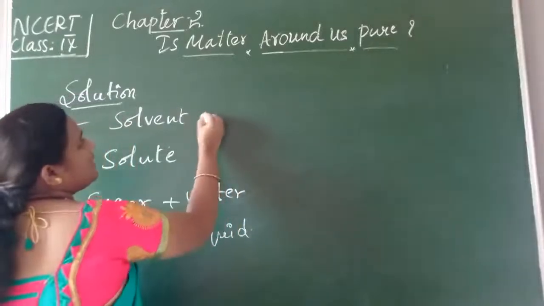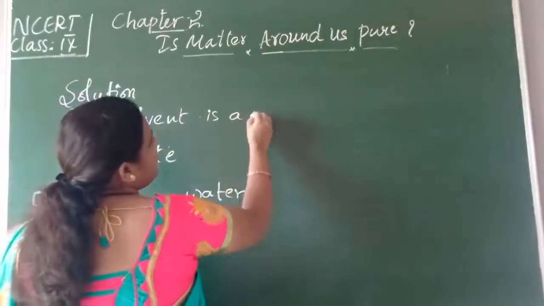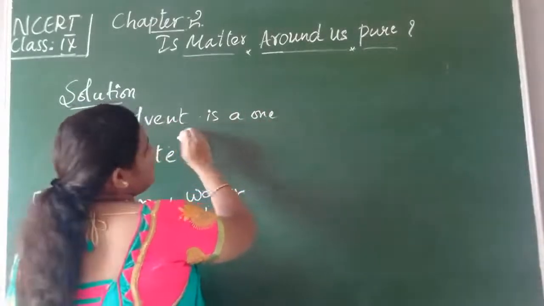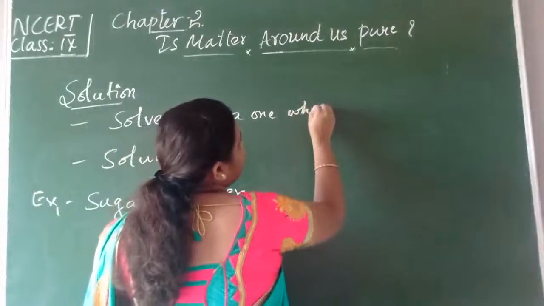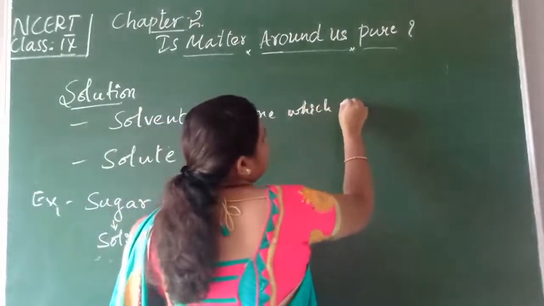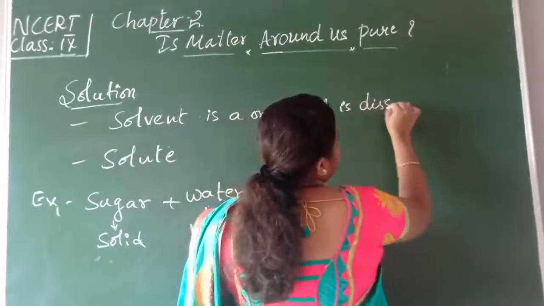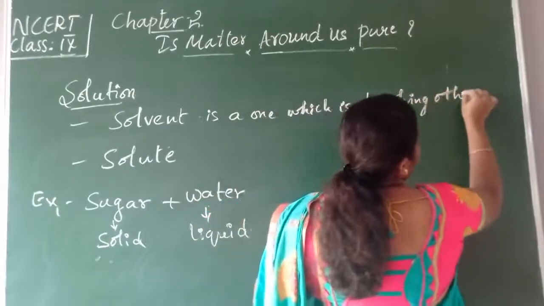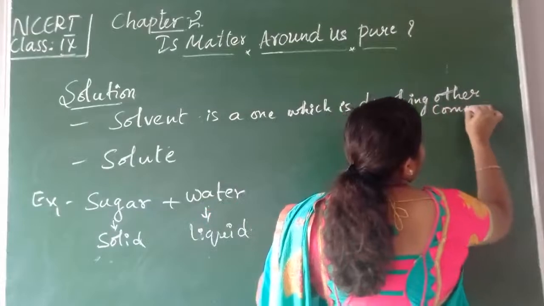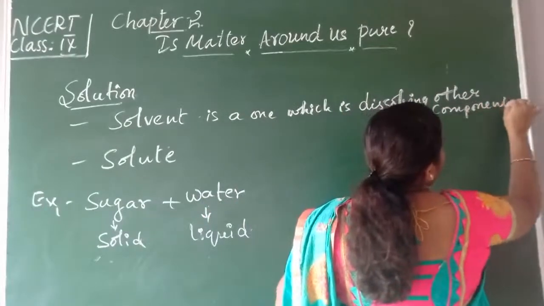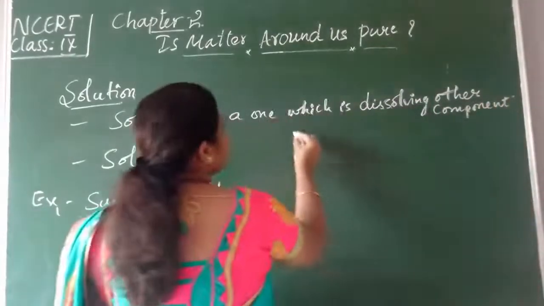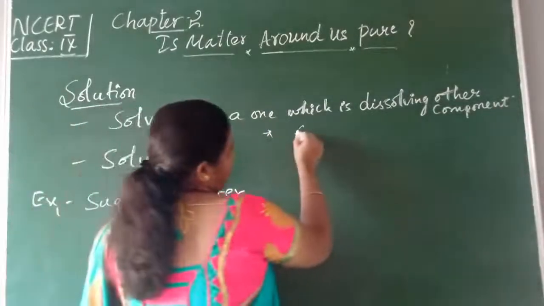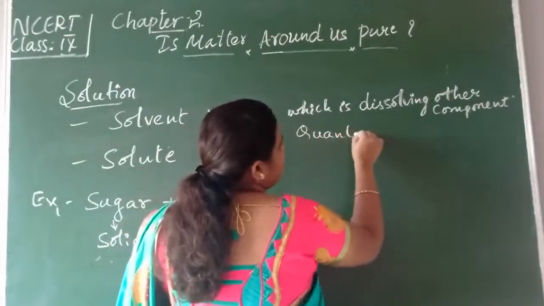A solvent is a component of a solution. You can write: solvent is the one which is dissolving other component in it, and also its quantity will be more, children.